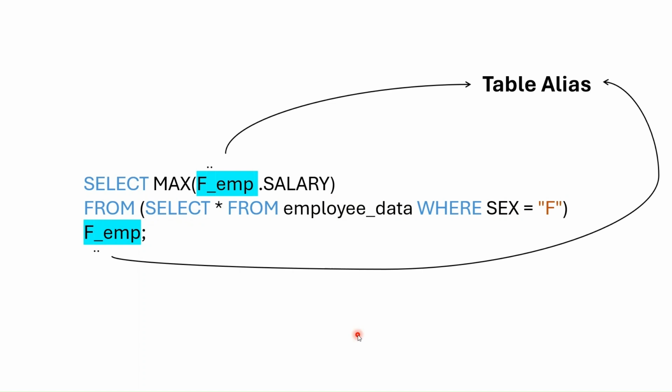So when you want to name your results, when you're within the select clause, for example, if I wanted to name this max, open parentheses, f underscore emp dot salary as something else, I would use the as to create an alias for the results there. But in the from clause, when you want to use table aliases, you just give a space after the table name, or in this case, the subquery to create the table we're going to query from, and then you give a name, which is what we've done here.